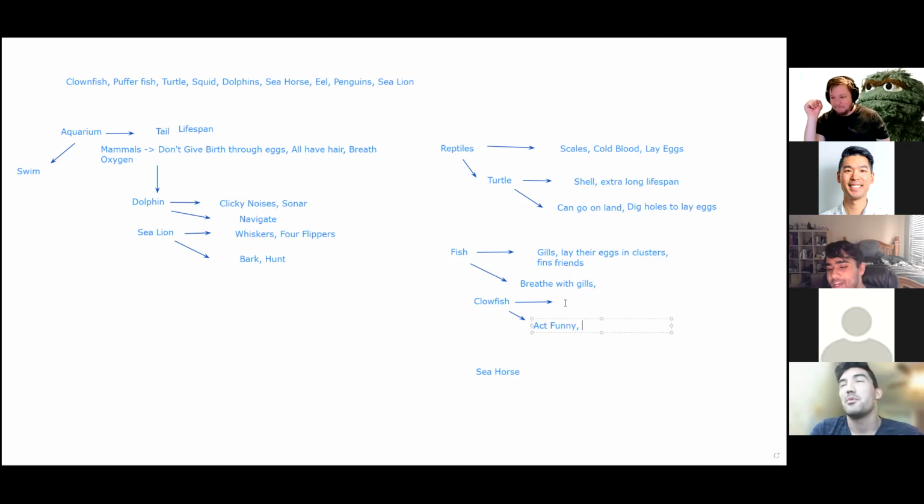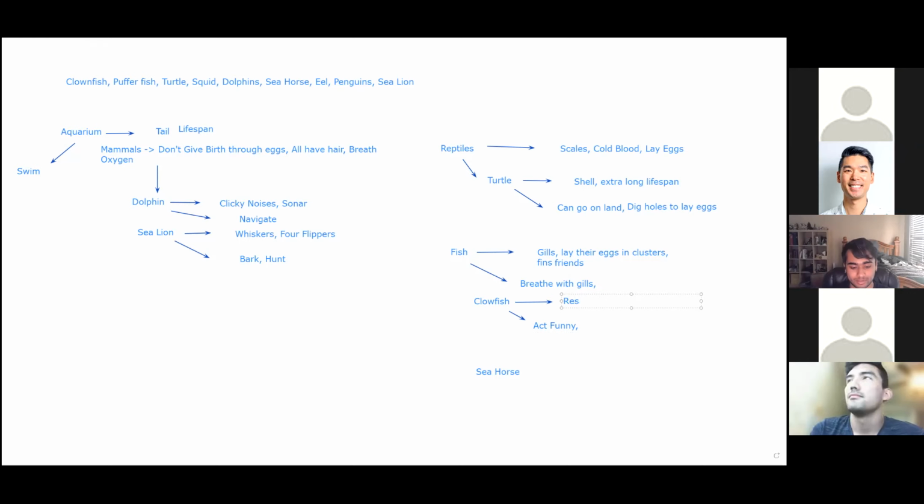Yeah, I think it could be both, but in this case I think it is more of a property, unless it's a defensive mechanism of some kind. But if it's a built-in resistance, then I think it's more of a property, right? Because a clownfish has resistance to an anemone. But only if you roll high enough, right?